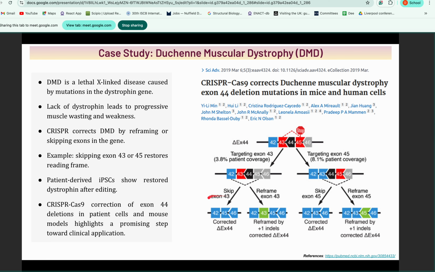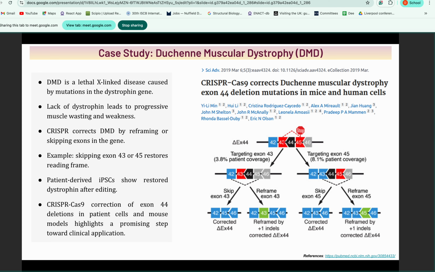If we skip exon 43, then exon 44 is... okay, in this case, they have already deleted exon 44. We don't have exon 44. So if exon 44 is deleted, then 43 and 45 will combine. Because of this in-between deletion, when their sequences combine, there will be a generation of a stop signal.